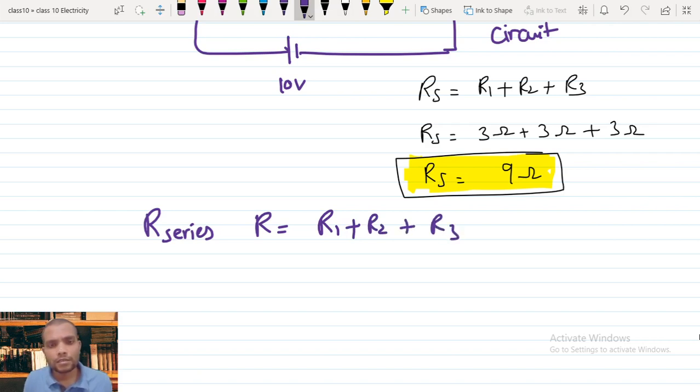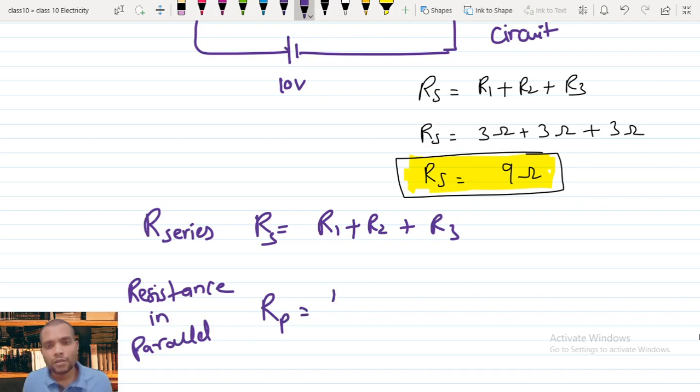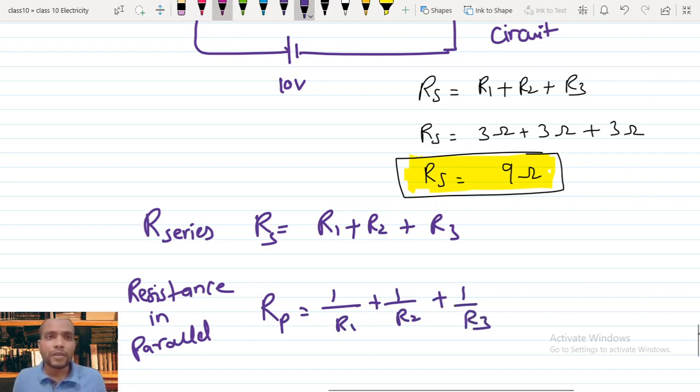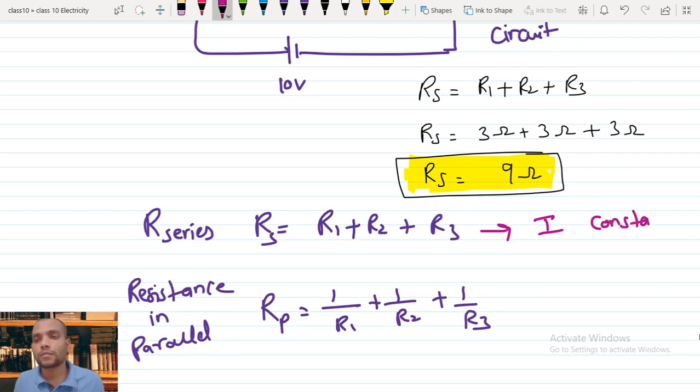And resistance in parallel, R suffix P equal to 1 upon R1 plus 1 upon R2 plus 1 upon R3. A very important point to remember: in series, who is constant? Current is constant, I is constant. But in parallel, who is constant? Potential difference, or voltage, is constant.